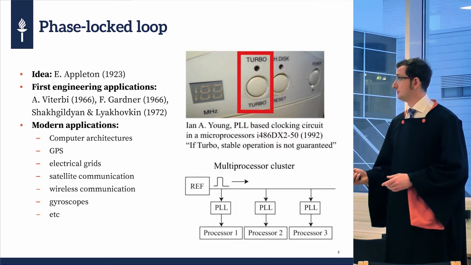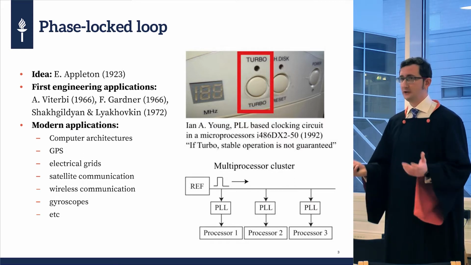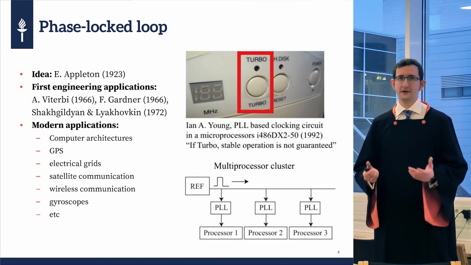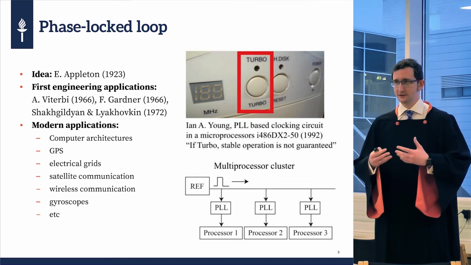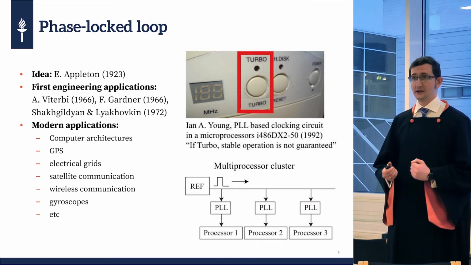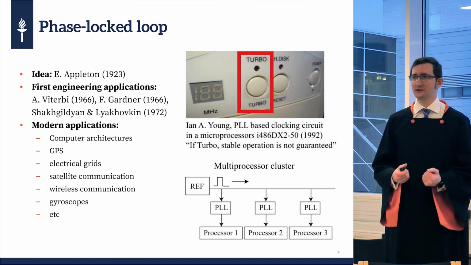So let me give one example. A multiprocessor system is controlled by a set of phase-lock loops which allow processors to work in synchronous mode, but it was not so good when it just started.